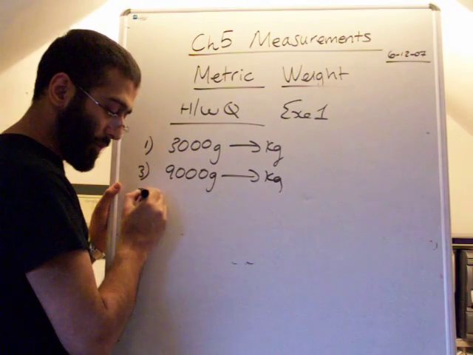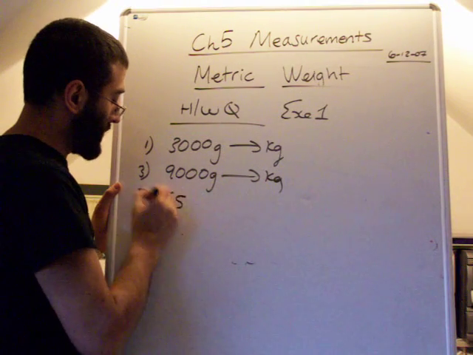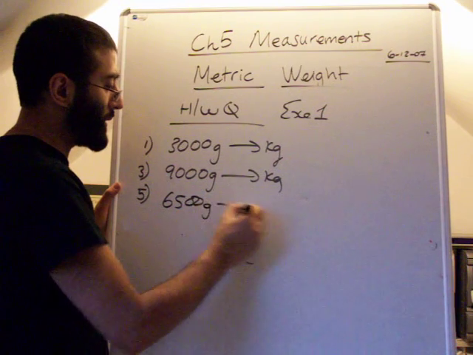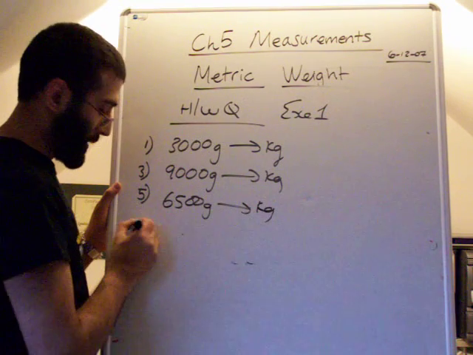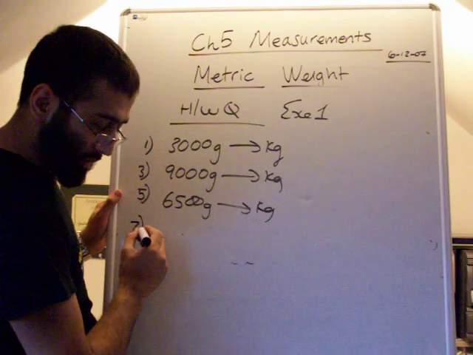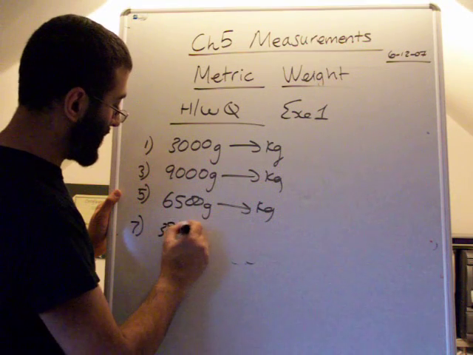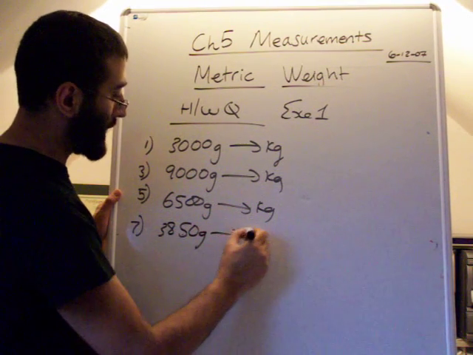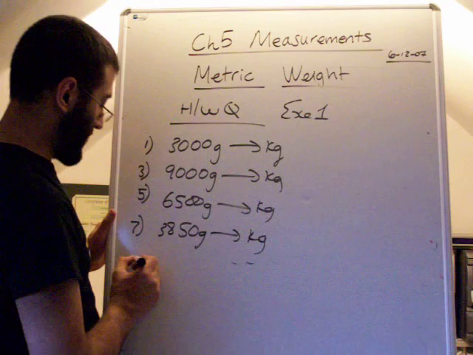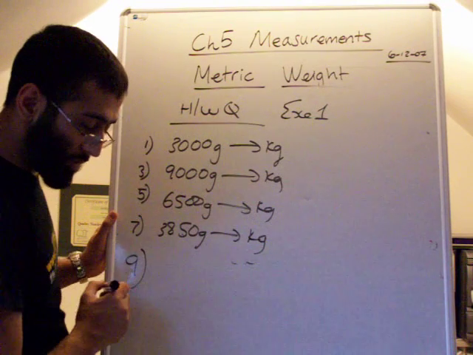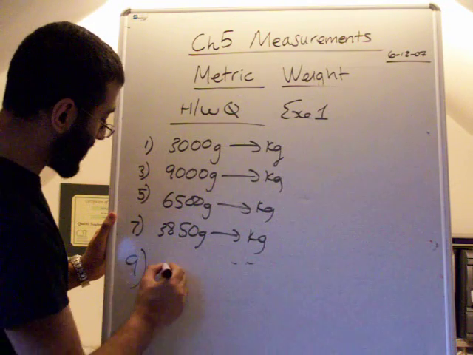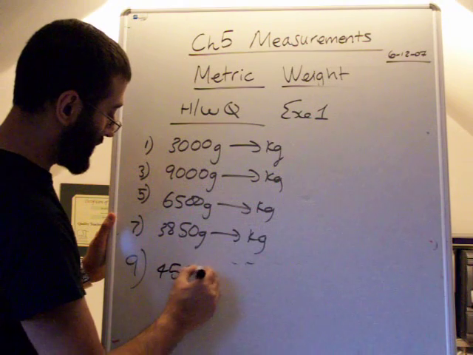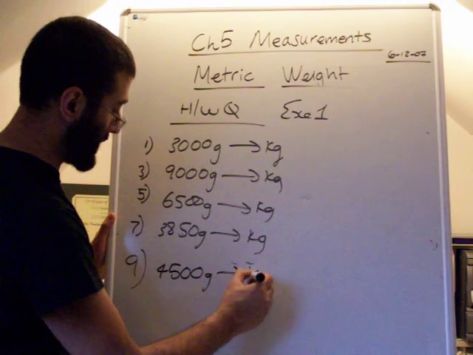We have number 5, which is 6,500 grams. Change that to kilograms. Then we have 7, which is 3,850 grams. When you change that into kilograms. And then we have question 9, which is 4,500 grams. I want to change that to kilograms.